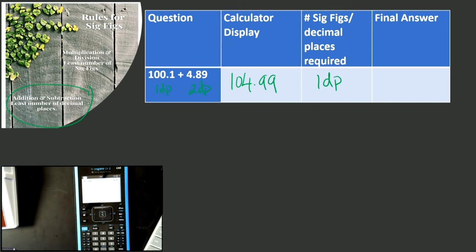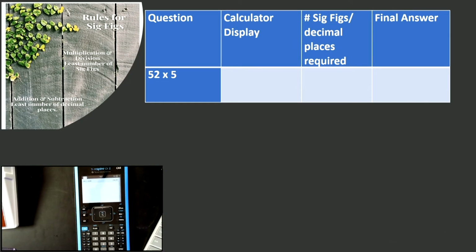Sometimes it is and you might get lucky, but we have to apply the rule once we see the number displayed on the calculator. So our final answer can only have 1 decimal place, and we're also going to have to round it. So our final answer is going to be 105.0, because the 9 is going to round up and make the 4 a 5. But we have to put 1 decimal place in our answer.